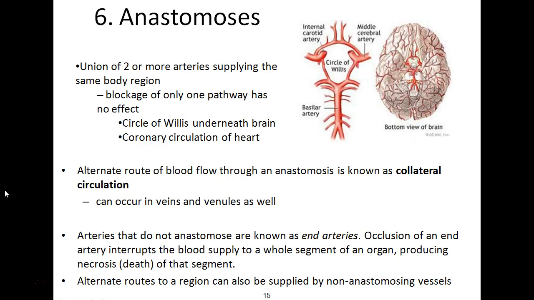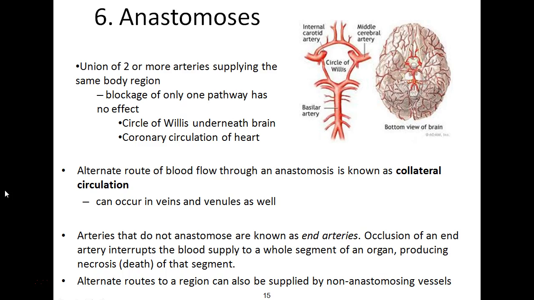A simple pathway might be something like one artery, one capillary bed, and a vein associated with the organ or the body region. Take, for example, a renal artery going towards the kidney. We might use the term end artery, an artery that provides only one pathway through which blood can reach an organ.